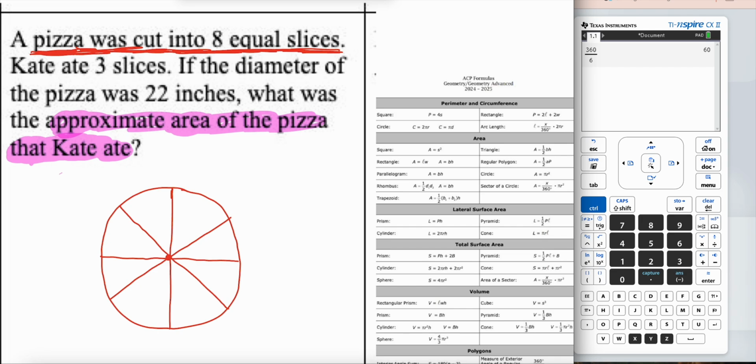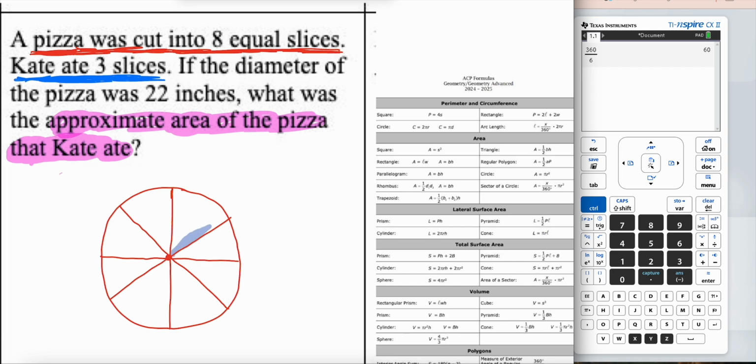All right, so it's not drawn to scale, but we're just going to pretend that all the slices are the same. So if we were to count 1, 2, 3, 4, 5, 6, 7, 8, so we have 8 slices. Now it says that Kate ate 3 of those slices. So we're going to color the amount that Kate ate, and that's going to be 3. You can choose any 3 slices that you would like.